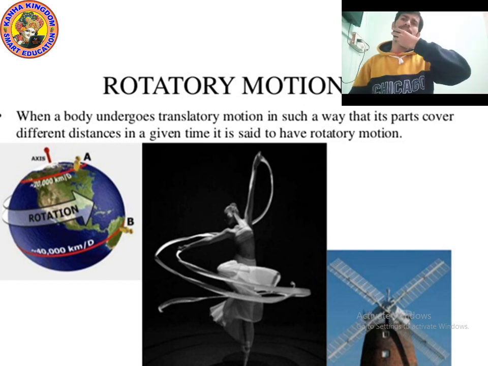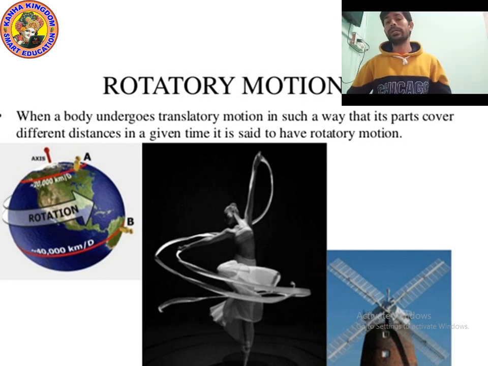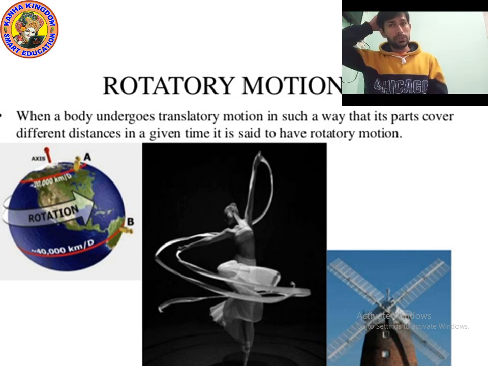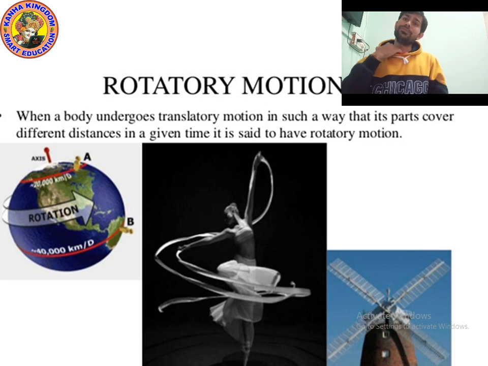When a body undergoes translatory motion in such a way that its parts cover different distances in a given time, it is said to have rotatory motion. Its parts cover different distances at different times.